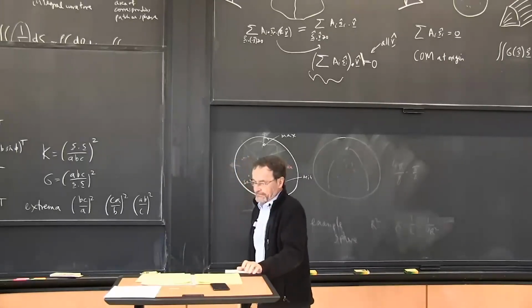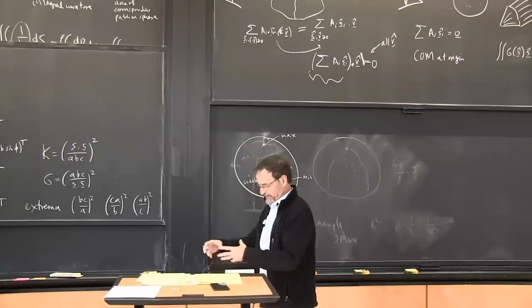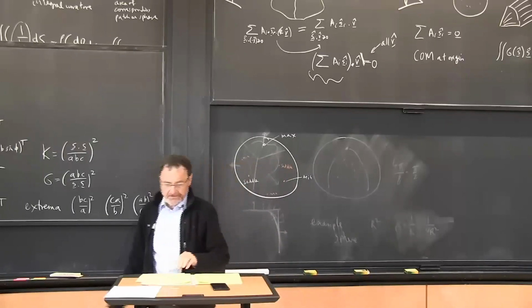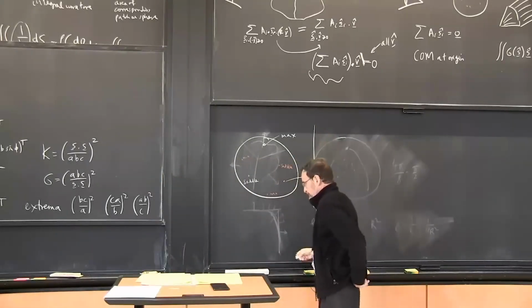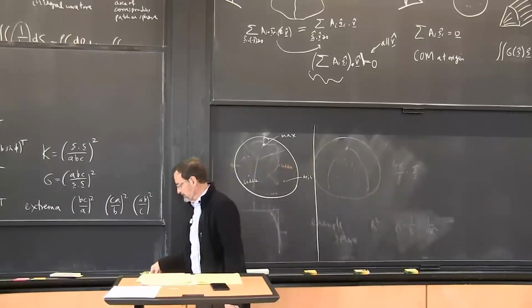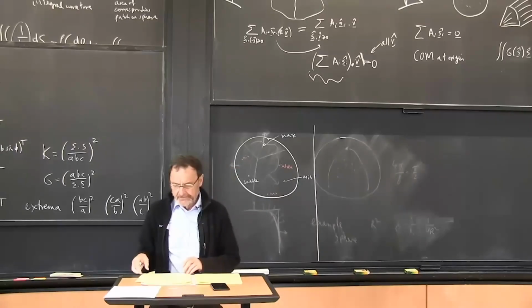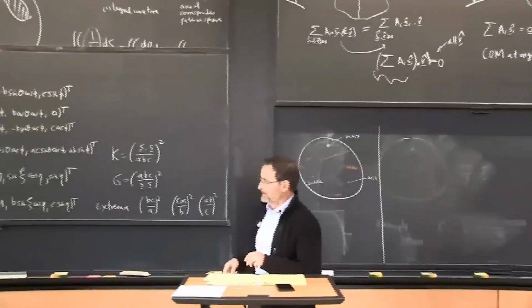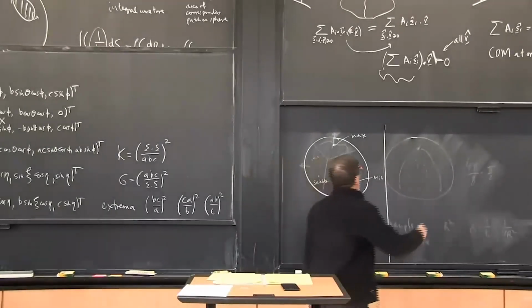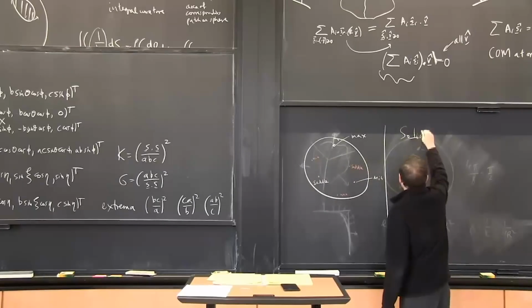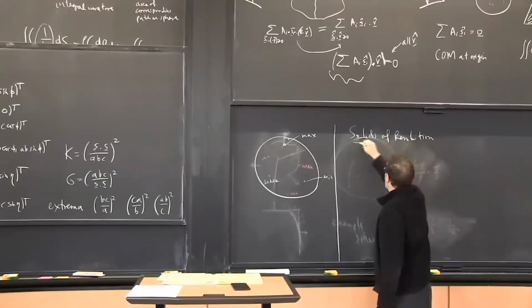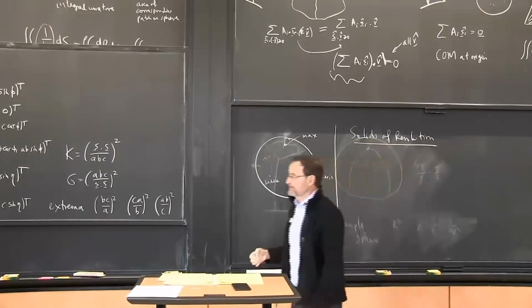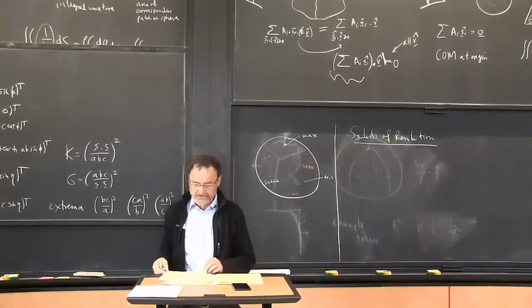Okay, so the sphere is very simple. The ellipsoid is complicated because it has a full three-dimensional shape. Somewhere in between are things that are a little bit easier to handle, and for some purposes those are of interest. There are certain objects that are in between in complexity, and in particular, if we look at solids of revolution, we find that it's a lot easier to compute the EGI.